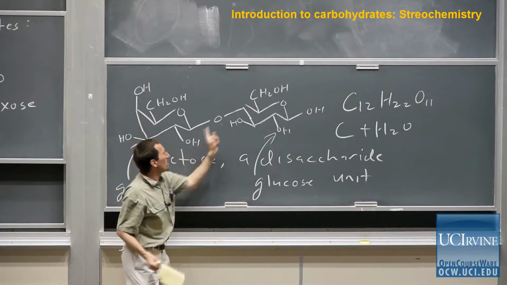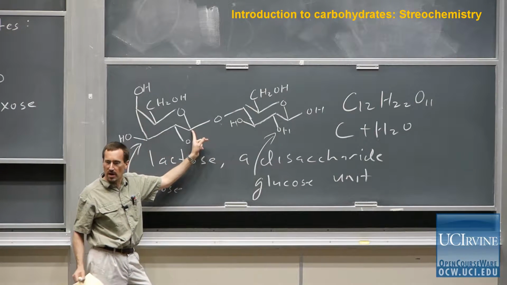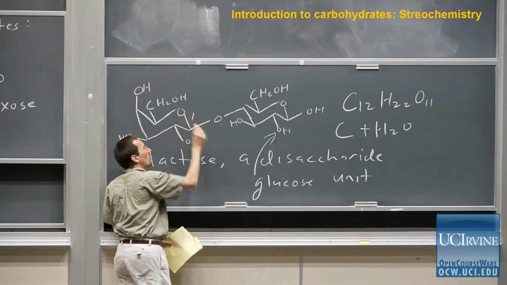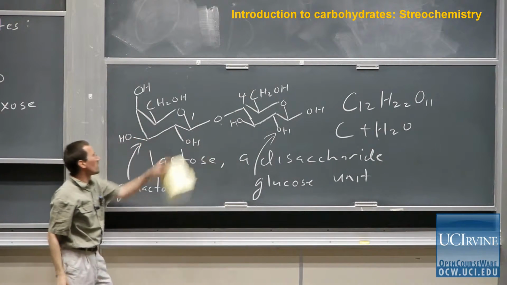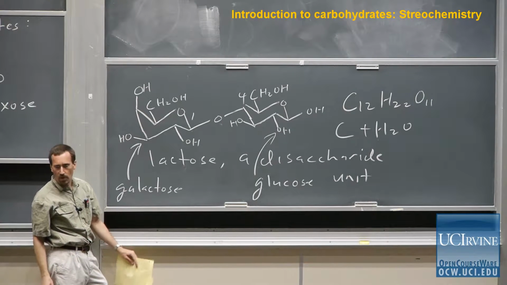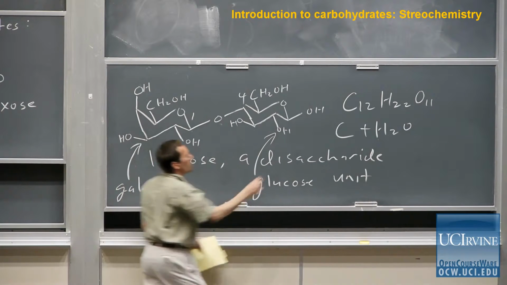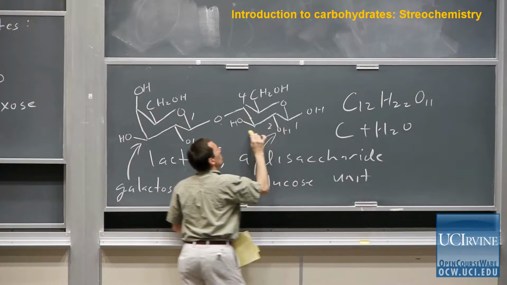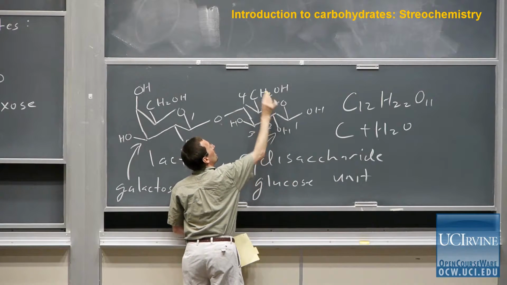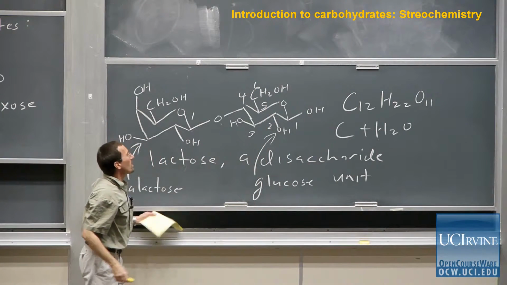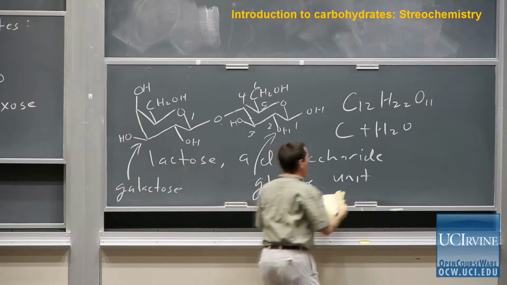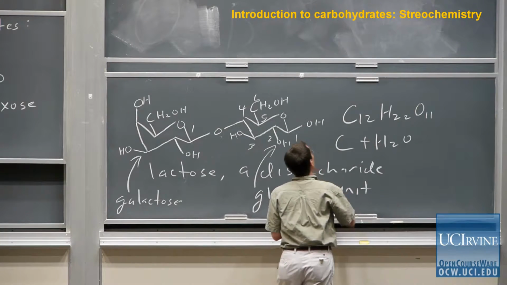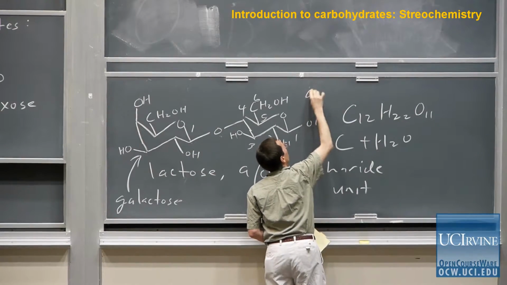We have a linkage from the 1 position of galactose to the 4 position of glucose. We number our way around the ring 1, 2, 3, 4, 5, 6. And so we call this a 1 to 4 glycosidic bond, glycosidic linkage, or glycoside bond.